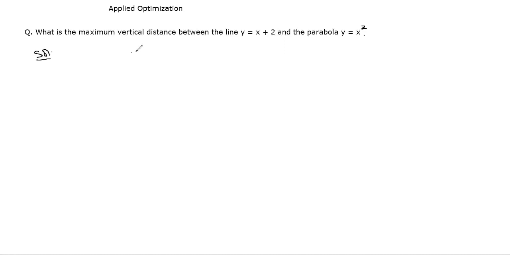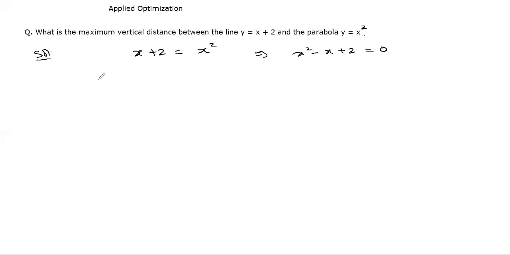So if I equate both y coordinates, it becomes x plus 2 equals x squared, and it gives x squared minus x minus 2 equals 0. Although there is no need to solve this equation. Otherwise the parabola would intersect with the line.